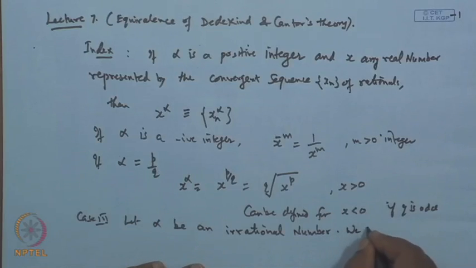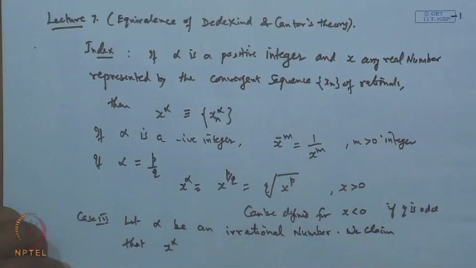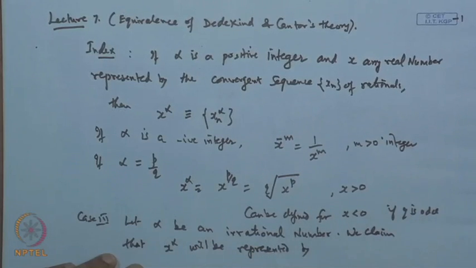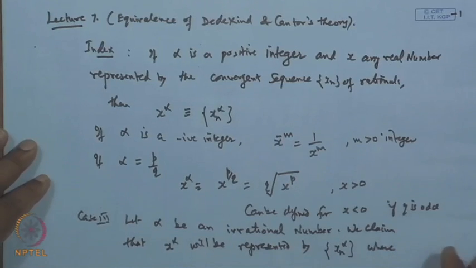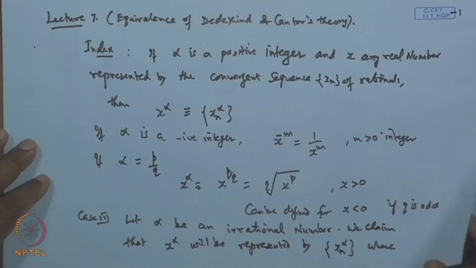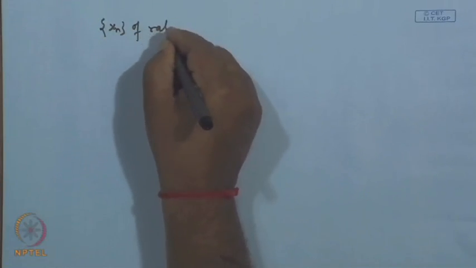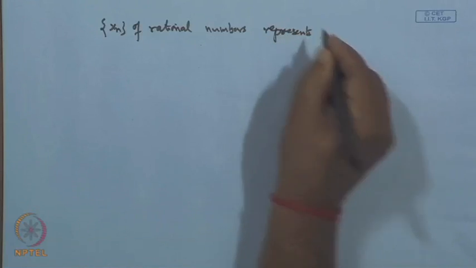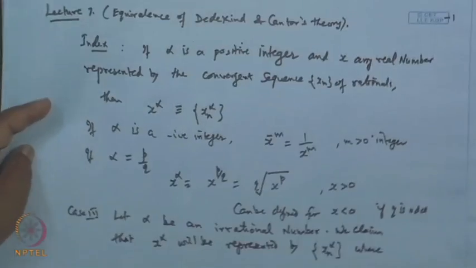We claim that x to the power alpha will be represented by the sequence x n to the power alpha, where the sequence x n of rational numbers represents the real number x greater than 0.